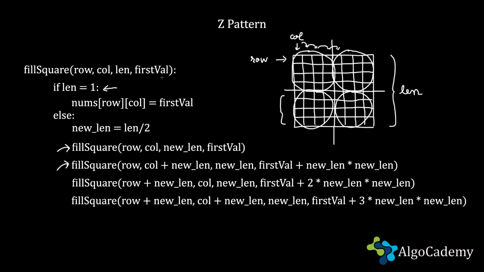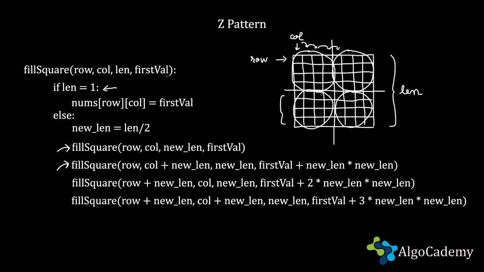Is it first val anymore? No, as you can see, it's not. But that's a good question. What did we do in this first call? We have filled the first quadrant with all the values that start from first val and go to which value?